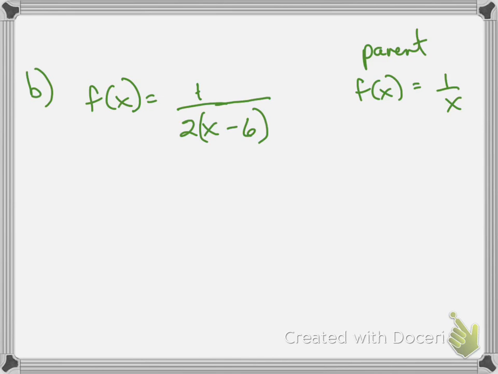That doesn't mean it's multiplied by 2. It's actually multiplied by 1/2. So that 1/2 is times our whole function, so that is vertical. That's between 0 and 1, so it's a compression by a factor of 1/2.